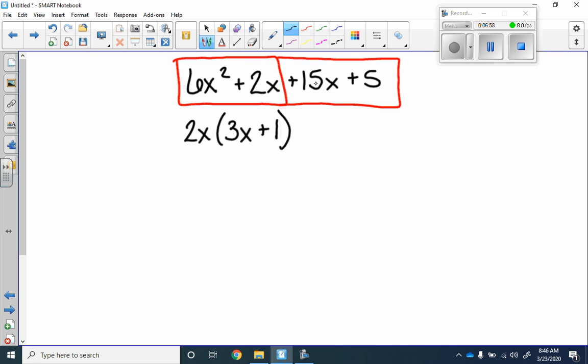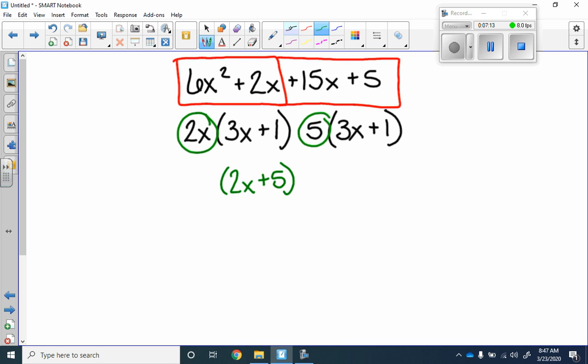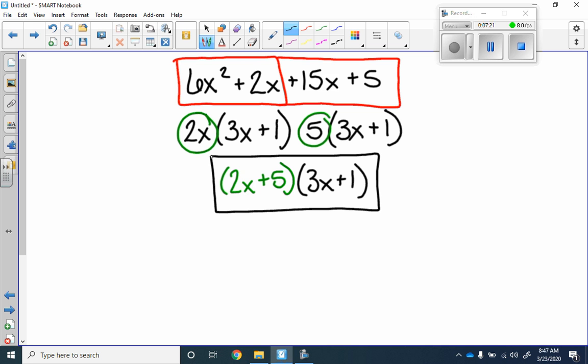And then on the other side here, we can factor out a 5, and we are also left with 3x plus 1. And so now I take the GCFs right there, create a factor of those, so 2x plus 5. And then I take the 3x plus 1, and I make a factor of those. And so here we have our 2 factors.